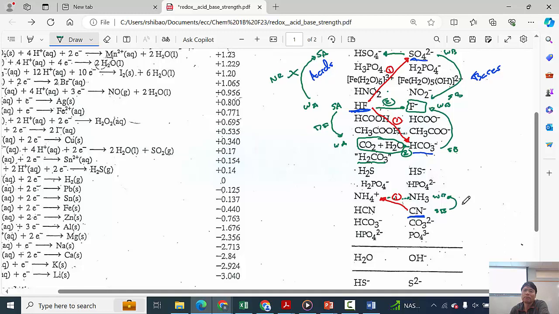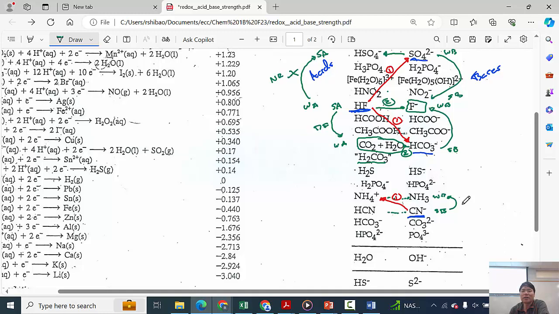So for the acids we want to go downhill. For the bases we go uphill. That's another way of remembering this. Because for the bases, as you go uphill, you're really going downhill in energy. And so we can see what's happening with the acids too.